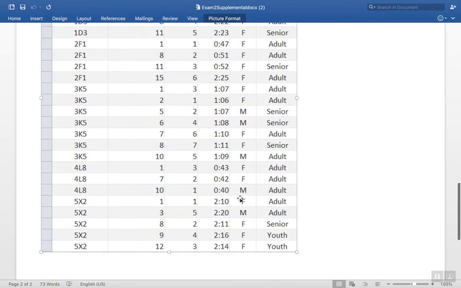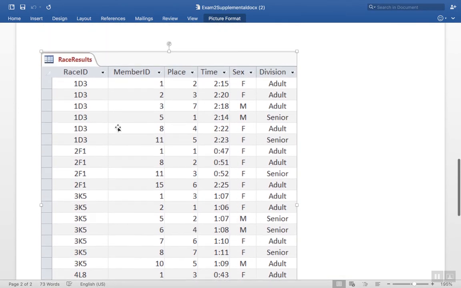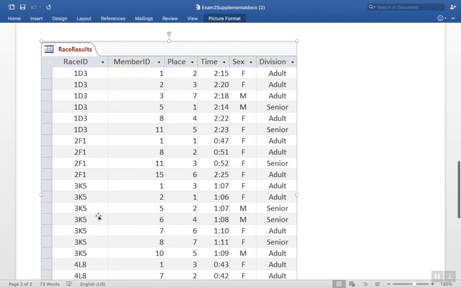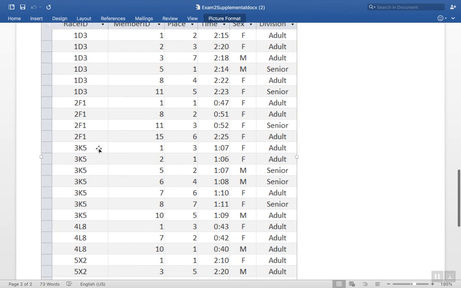If we go back to our table, what we'll see is race 1 had 1, 2, 3, 4, 5, 6. The second race had 1, 2, 3, 4. 5K3 has 1, 2, 3, 4, 5, 6, 7.